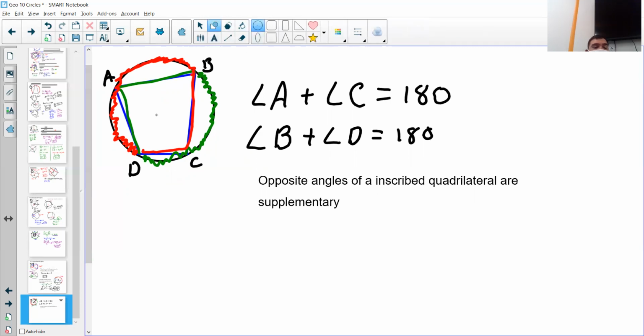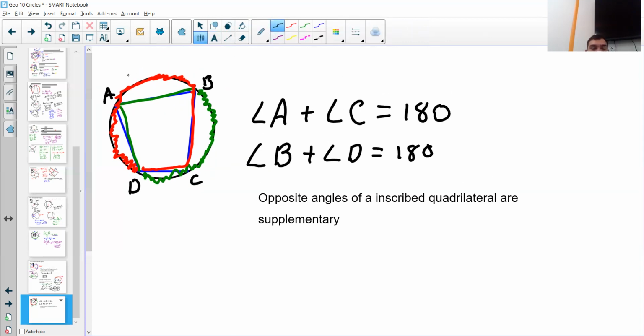So I'll use the same circle so you don't have to redraw a new circle. Let's do a problem from it. I'll put arrows here so you don't have to smush everything. Angle A equals 3x plus 10. Angle C equals 2x plus, also plus 10.